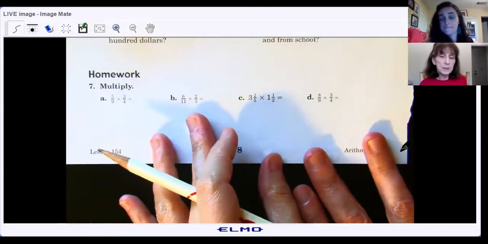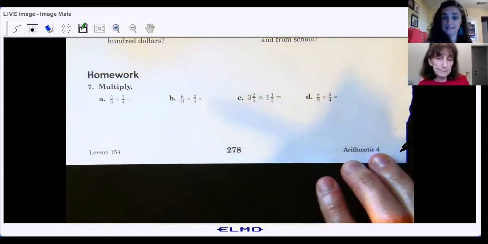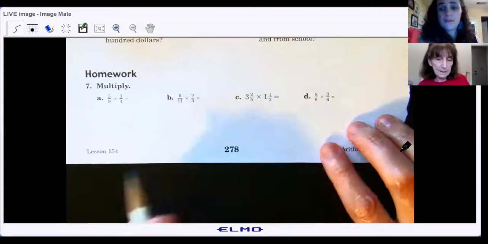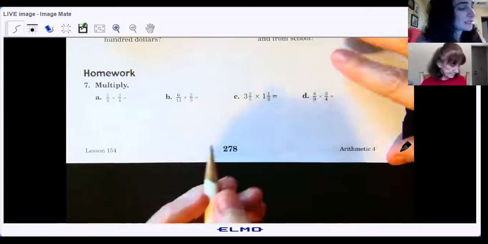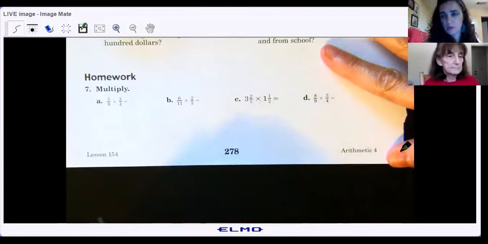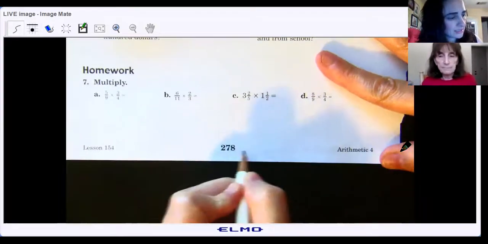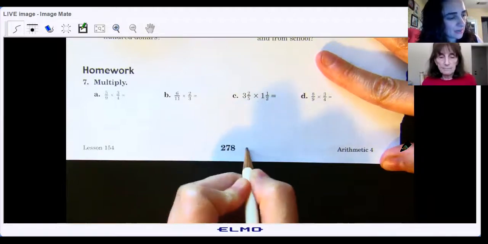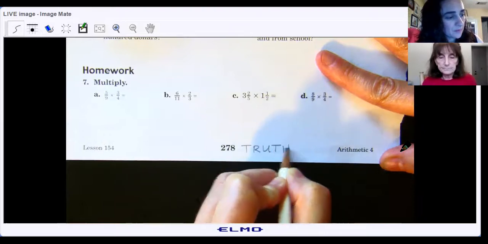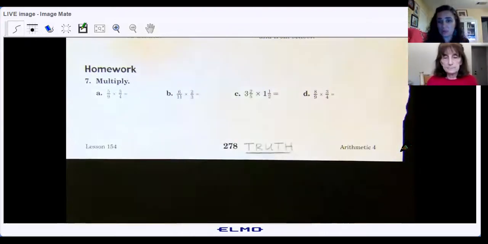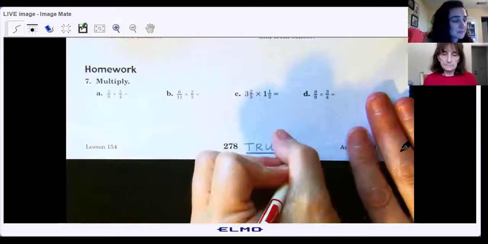You know what? Shall we put truth on the bottom here? Yes, we shall. For those of you who watch the video all the way through, Mrs. Biggs is going to give you a bonus points word. So next to page 278, if you write the word truth and you submit your paper, Miss Biggs can see it, you will get how many points, Miss Biggs?